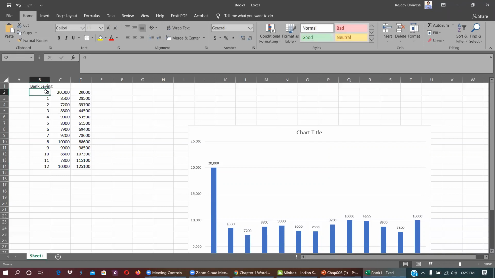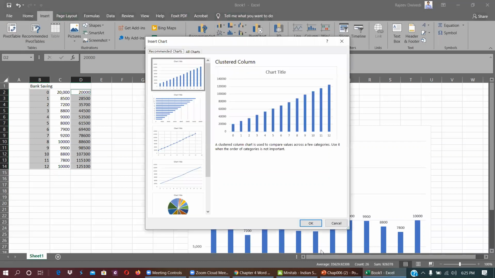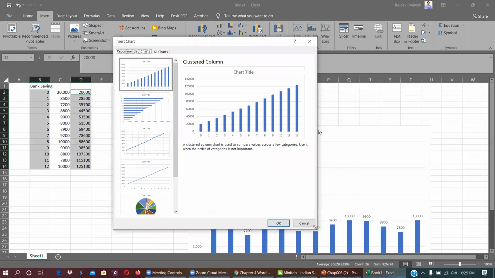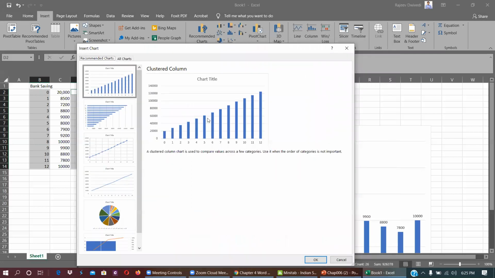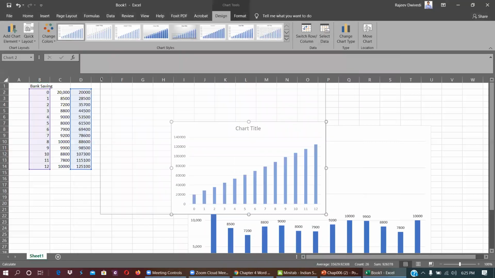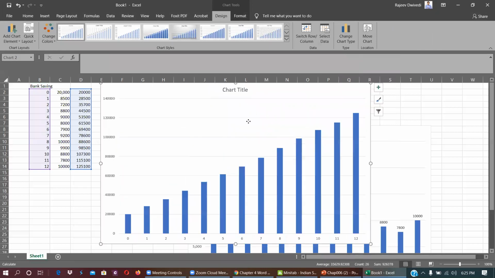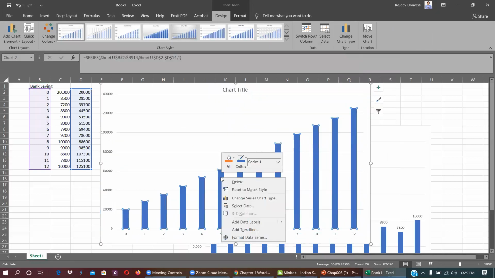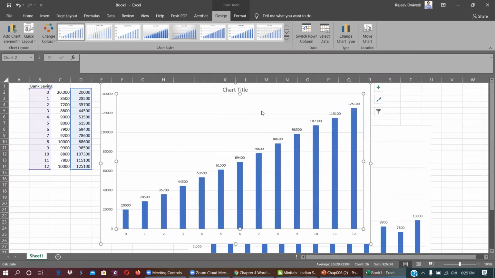Now I'm just going to do the cumulative one. Can you see this? Are you able to see my chart? So what I am able to see is that at the start, I have 20,000. I mean, before starting saving, I had $20,000 in my account.